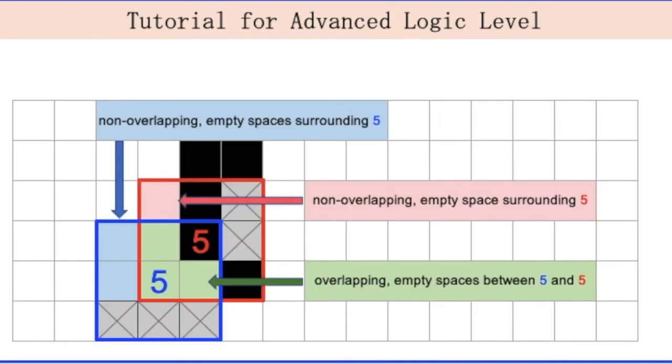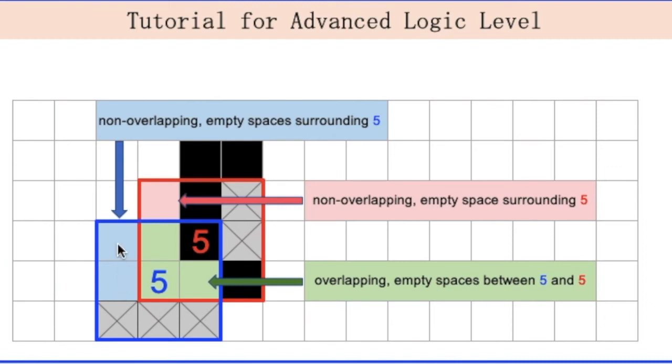So before we jump into that, another recap. When we're looking at two numbers that have an overlapping area, we can differentiate the three areas into different categories. So we're looking at two numbers.